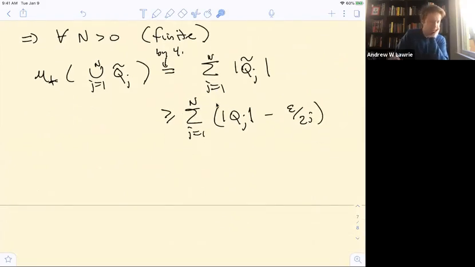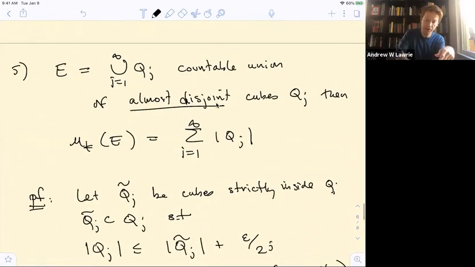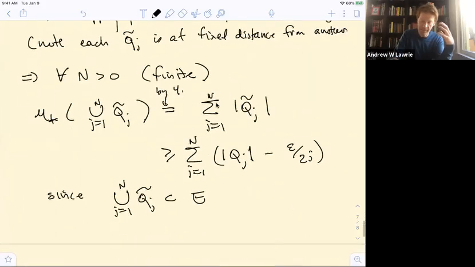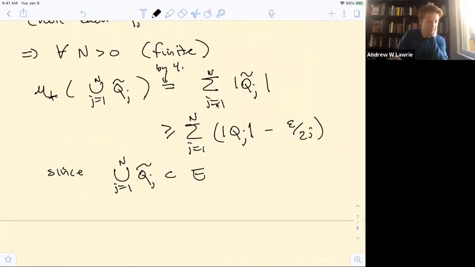But the union from j equals 1 to n of the QJ twiddles is inside of E. Remember, E was equal to the union of the QJs. The QJ twiddles are smaller, so we no longer equal E, but their union is inside of E for every n.